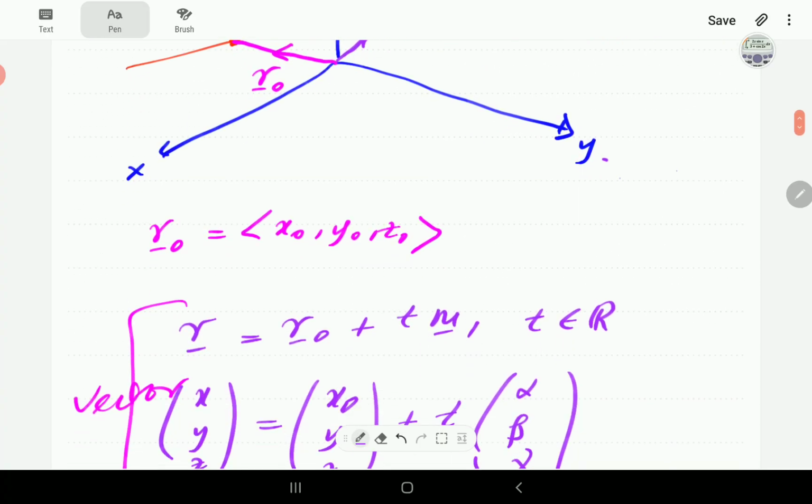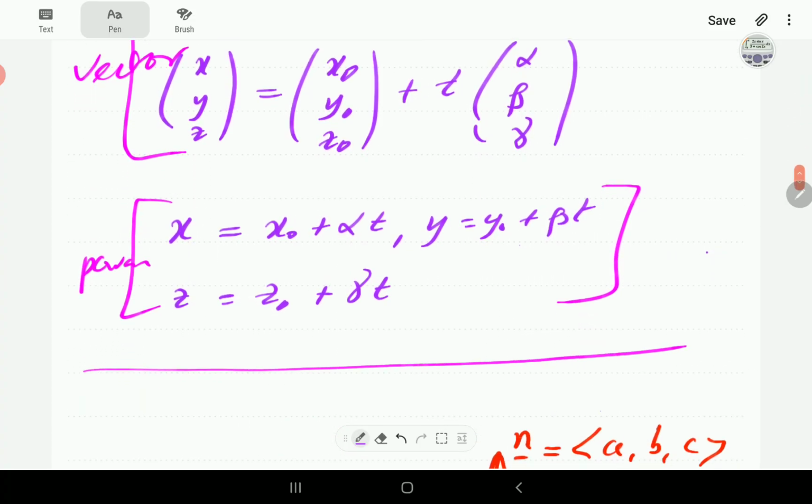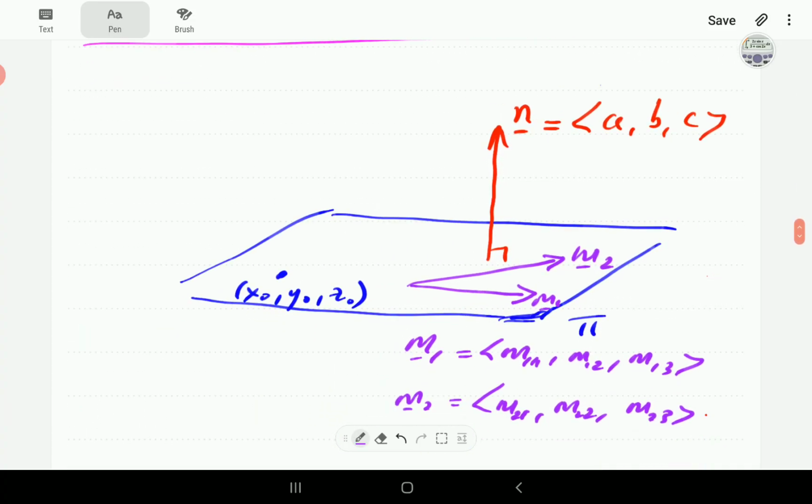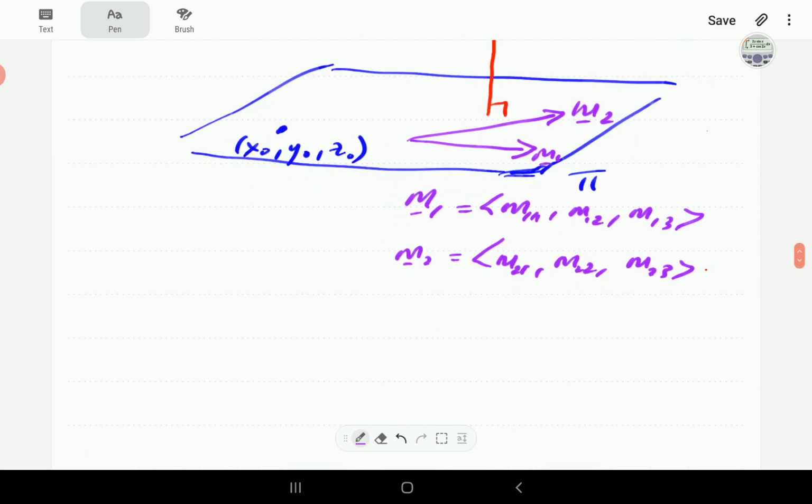Then, similarly to the vector equation for the straight line, the vector equation of this plane is going to be given by r equals r0, which is the position vector of this point on the plane, plus, let's use lambda m1 plus mu m2.